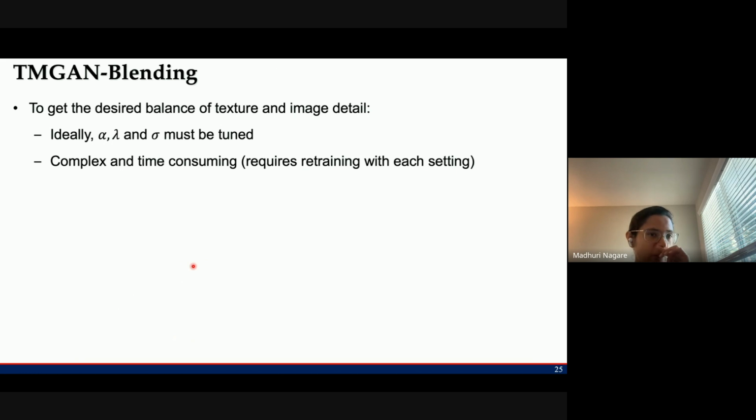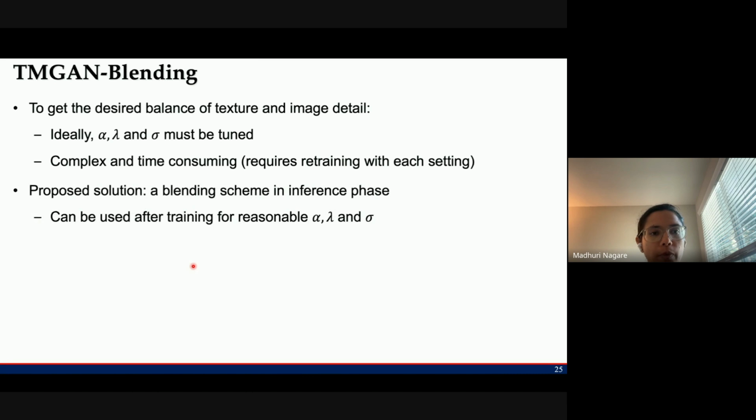TMGAN blending. This is not part of the core algorithm, but it is necessary for practical implementation. Ideally, we need to tune alpha, lambda, and sigma to get the desired balance of texture and image detail. But the training process is quite time consuming. It is complex, and it could involve a lot of combinations of these three parameters.